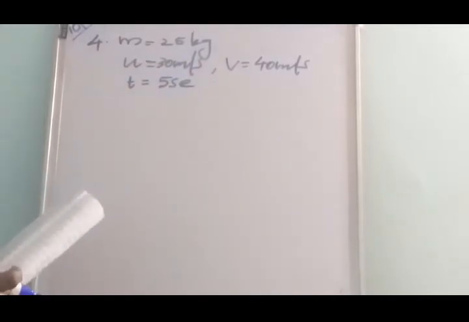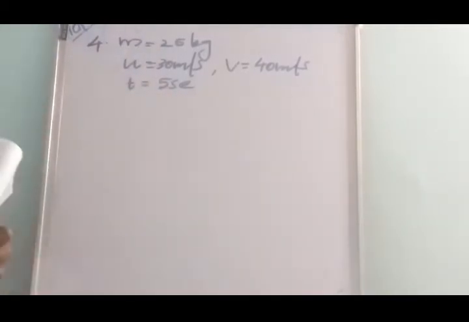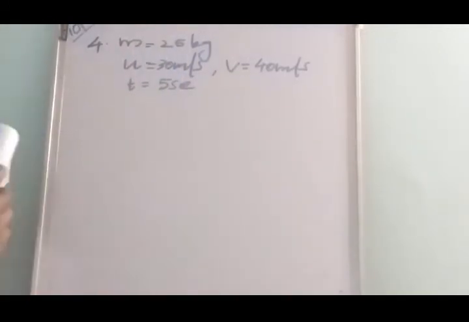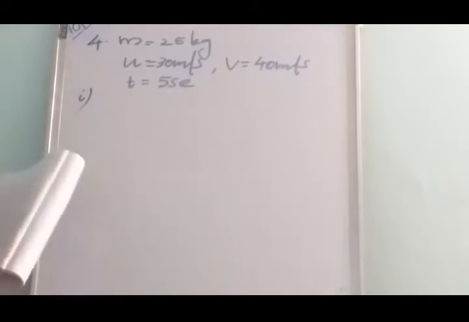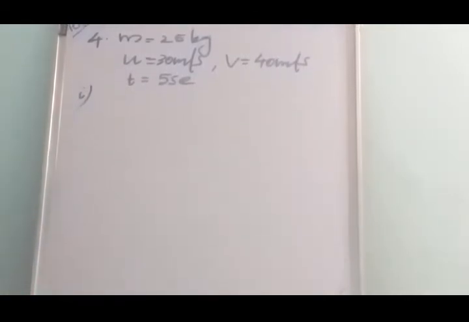Then we have to first calculate the change in momentum. Here the mass of the body is 25 kg and its initial velocity is 30 meter per second. Then after the application of force, the velocity changes to the final velocity v, that is 40 meter per second, during the time 5 seconds. So first we have to calculate the change in momentum. You know what momentum is: the product of mass and velocity.